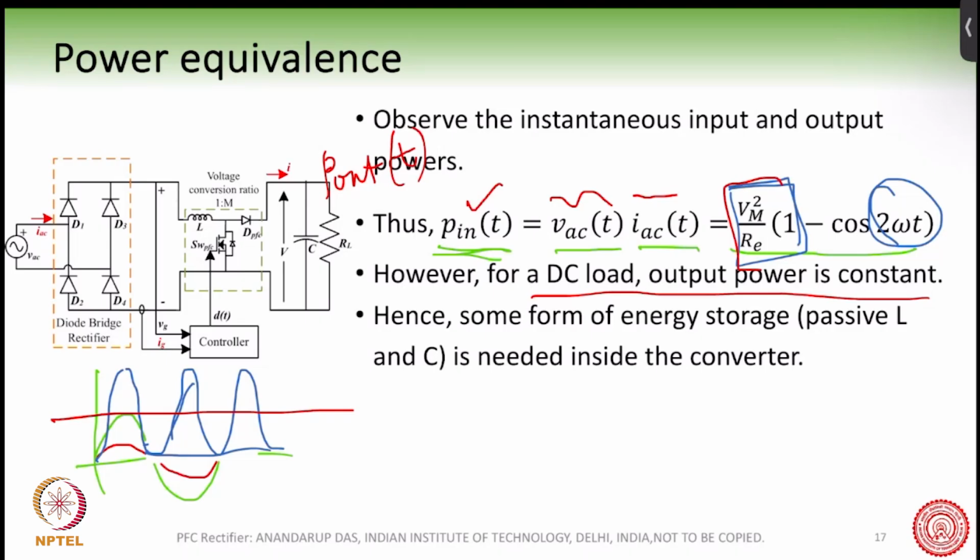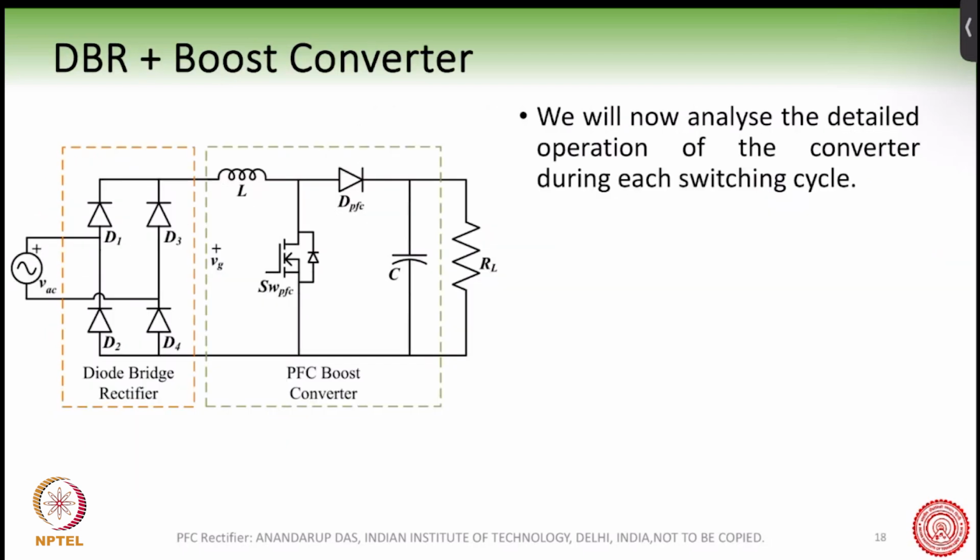So the input power is fluctuating, but the output power is constant. Hence, we need some form of energy storage, L and C, inside the converter. This is another way of analyzing the circuit. It is not necessary, but it gives you another perspective from the power equivalence.